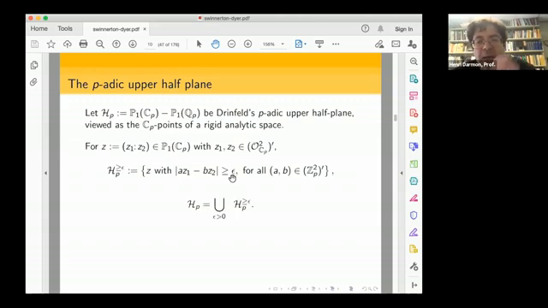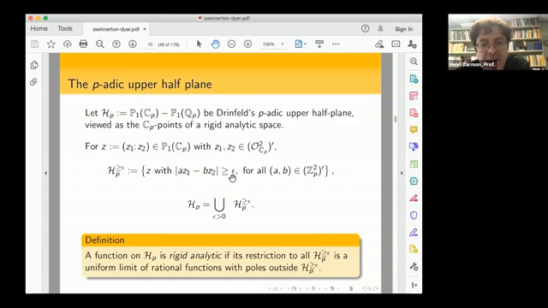And one can write the upper half plane as an increasing union of these regions, HP greater than epsilon, as epsilon ranges over all positive real numbers. And we say that a function is rigid analytic if its restriction to all these subsets, these HP greater than epsilon, can be expressed as a uniform limit of rational functions having poles outside of this region.